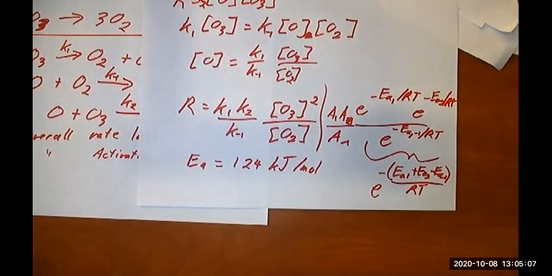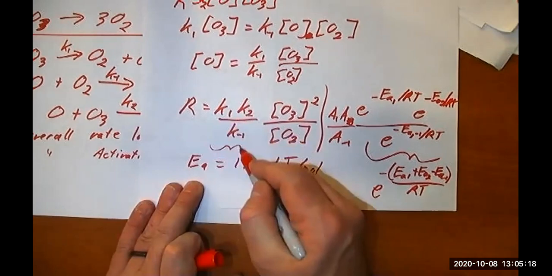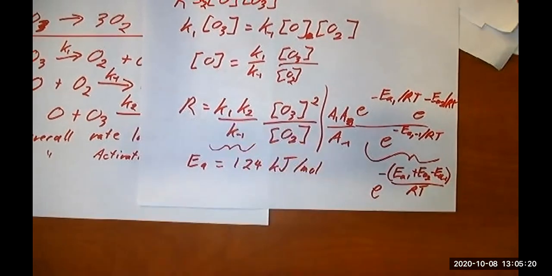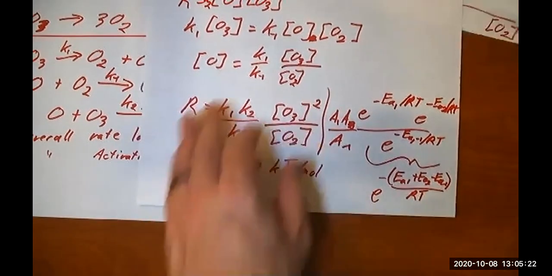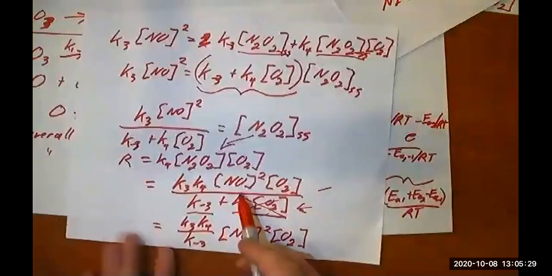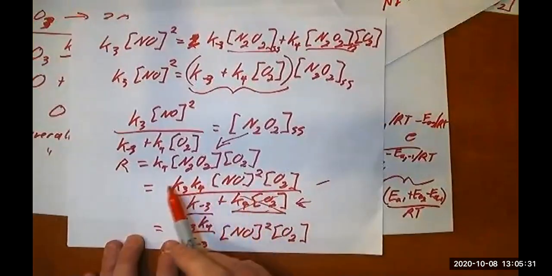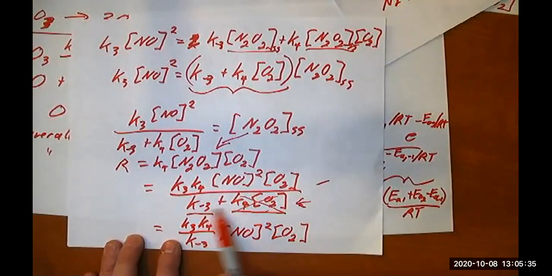And finding the question from the chat, finding the activation energy is as simple as adding and subtracting them after you find the rate law. When they are combined by just multiplication and division, yes, that is correct. If you have a case like this one, where these two are multiplied together, but then you've got 2 that may be added together in the denominator, it's nowhere near as simple.